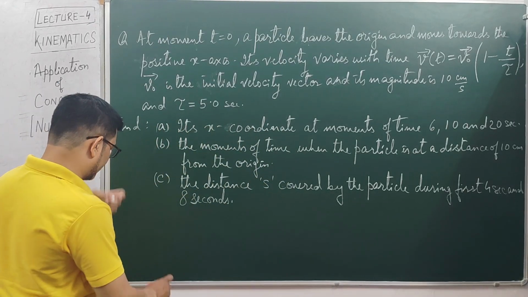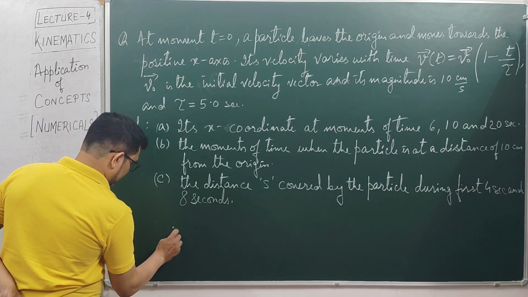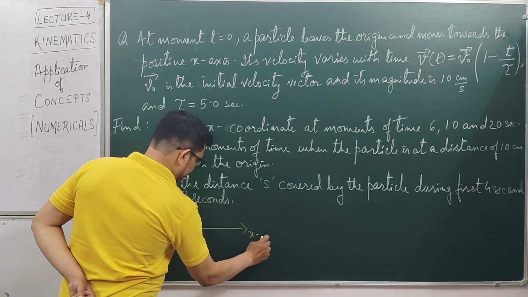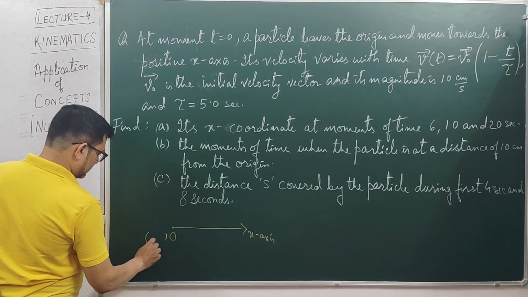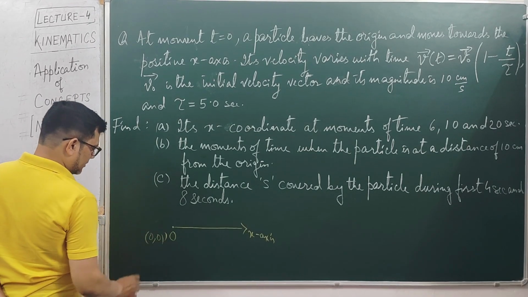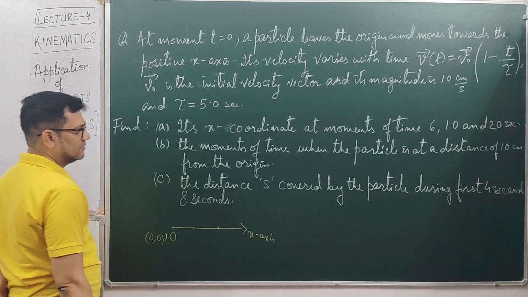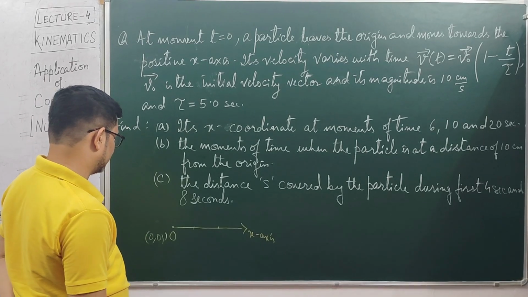So it is saying that we have an origin here and a particle is moving along the x-axis, which is positive x-axis. So the coordinate of this origin is 0, 0. And we need to find what is the x-coordinate at these times. The times are 6, 10, and 20 seconds, the first part of the question.